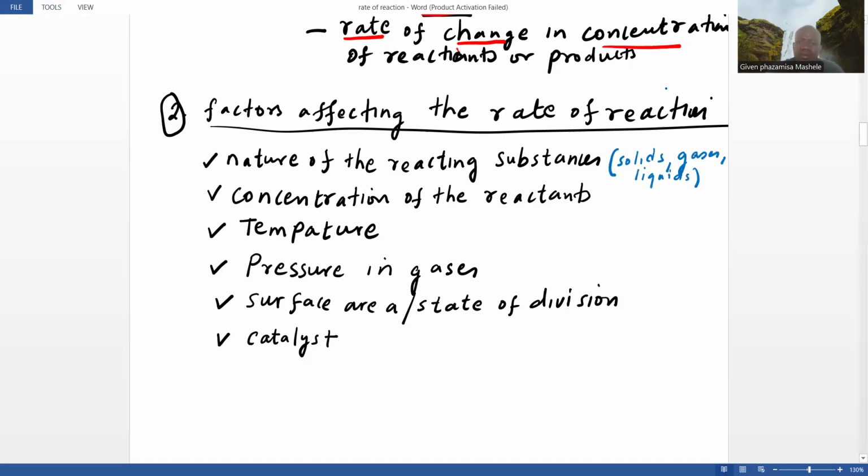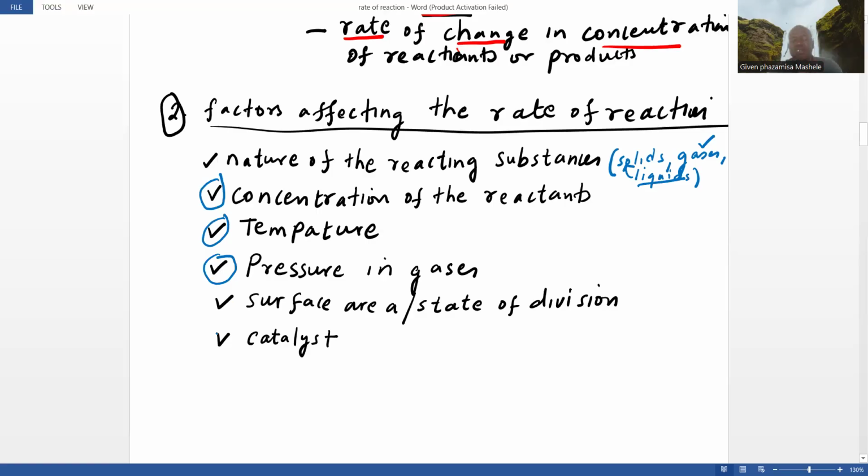Obviously, we know that substances that are in gaseous form tend to react faster than liquids and solids. So solids are the least reactive. But generally, the most important ones are concentration, temperature, pressure in gases. In gases, so it means you cannot talk about pressure if you do not have a gas. We have surface area, and we have the catalyst.